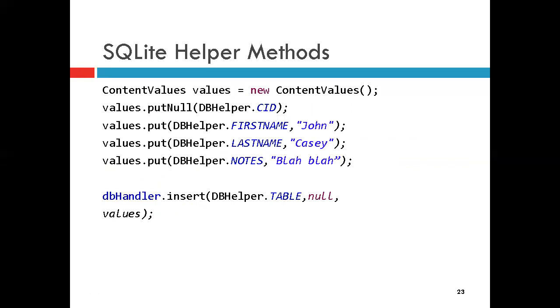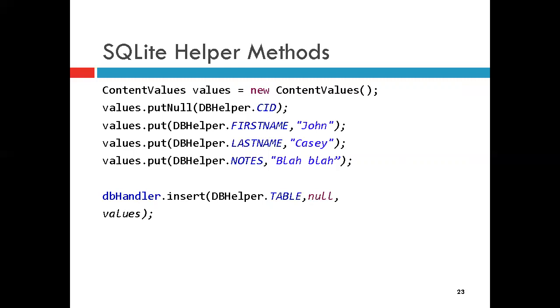You can also wrap them up using a content value. So somebody earlier was talking about ORM, object relational mapping. This is kind of vaguely reminiscent of ORM in a very light way.